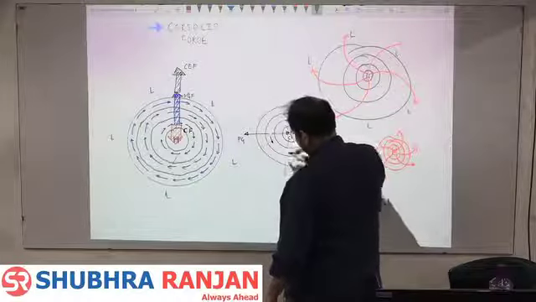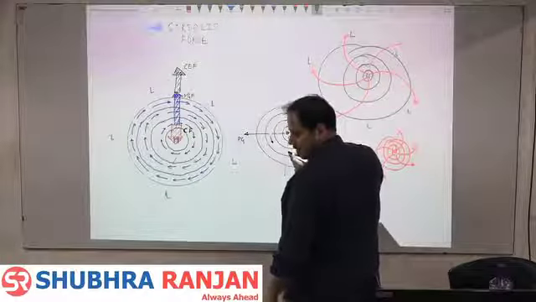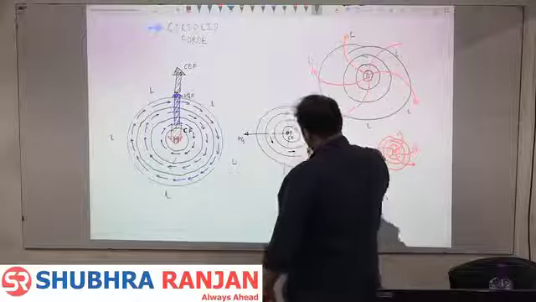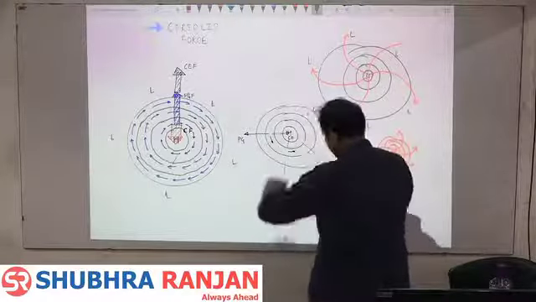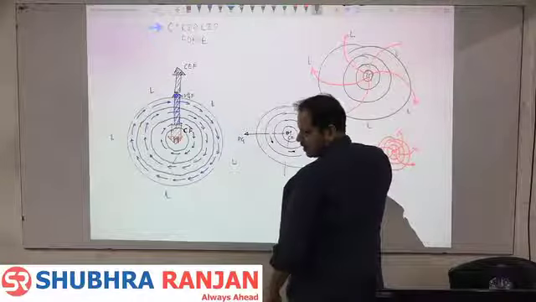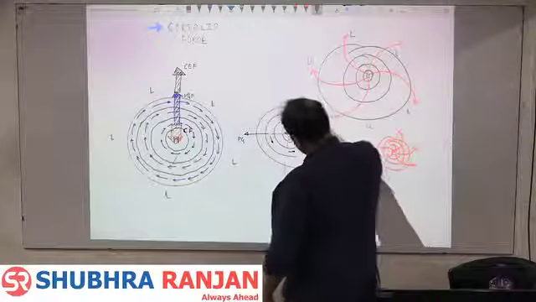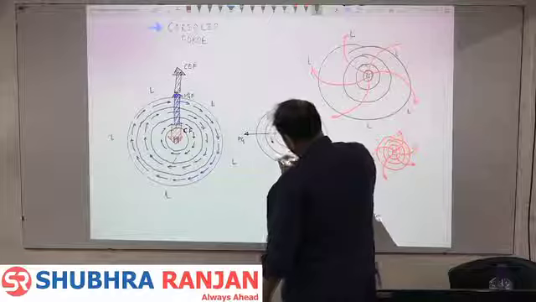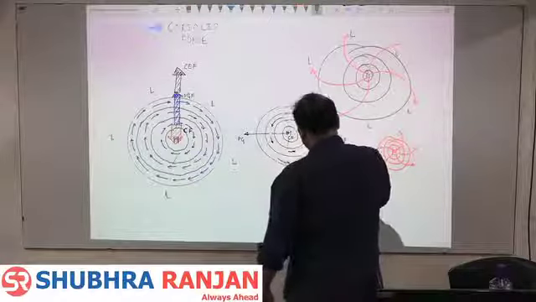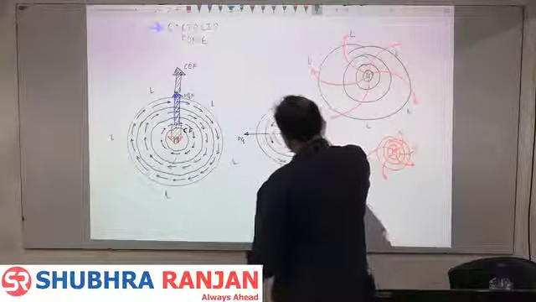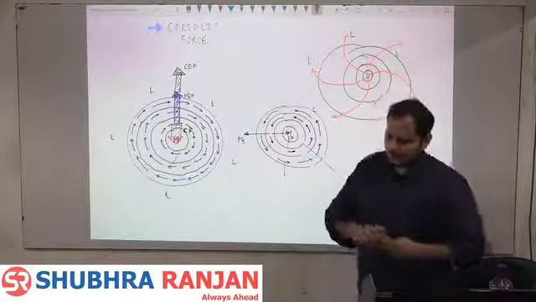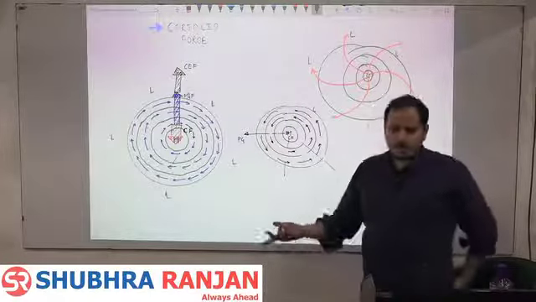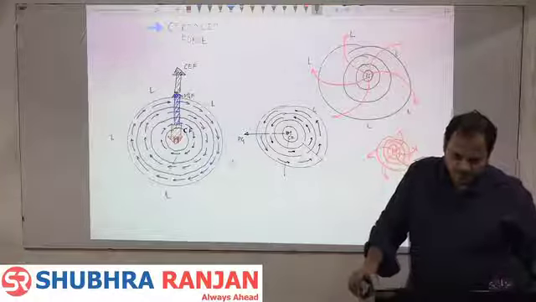With the pressure gradient force and Coriolis force acting inwards, it will start getting deflected to the left. Here also, at any point, take this point, pressure gradient force, Coriolis force, it will get deflected to the left. Clear?